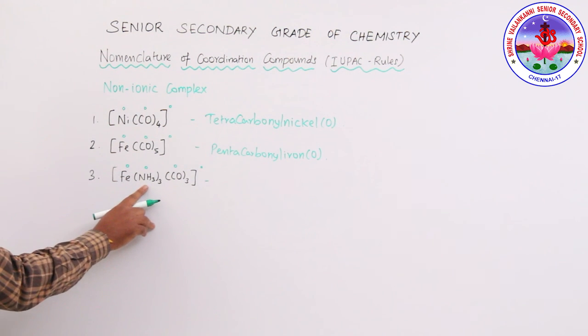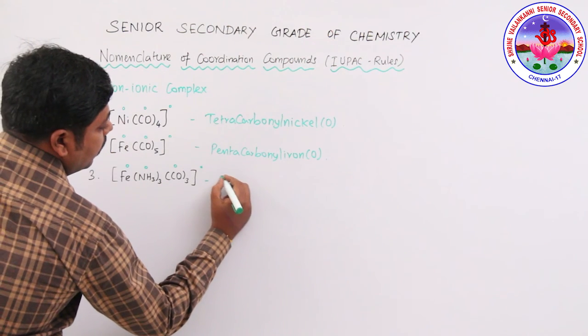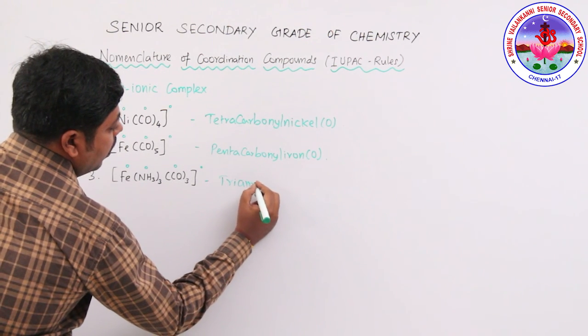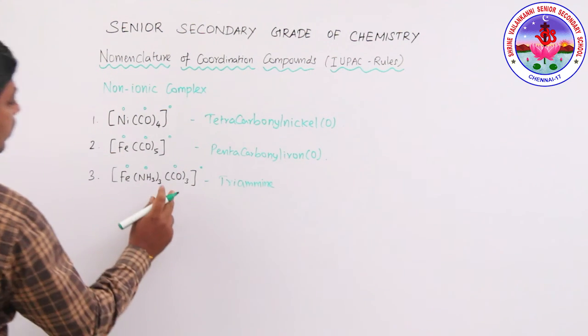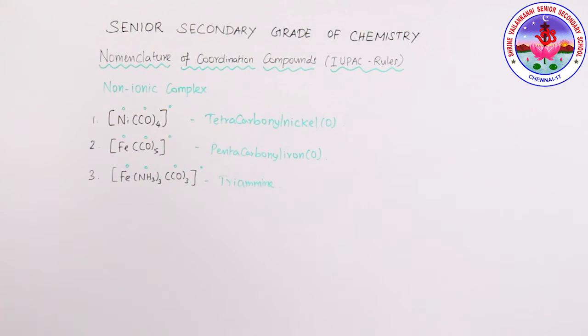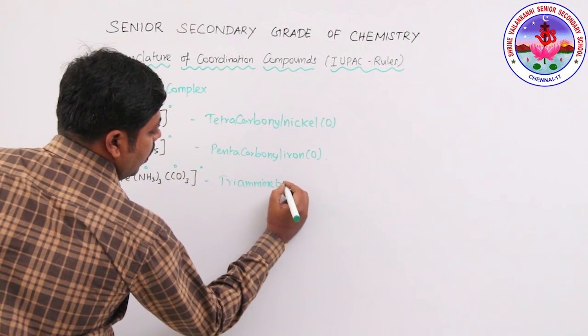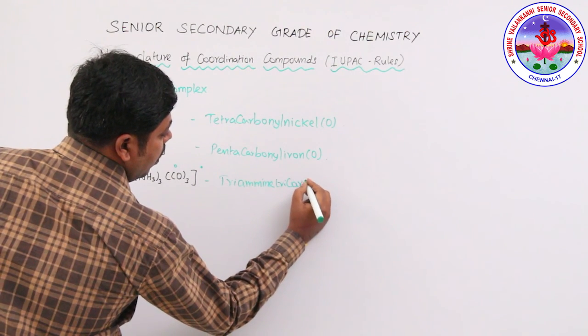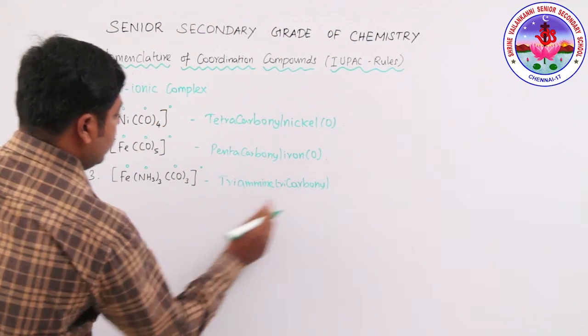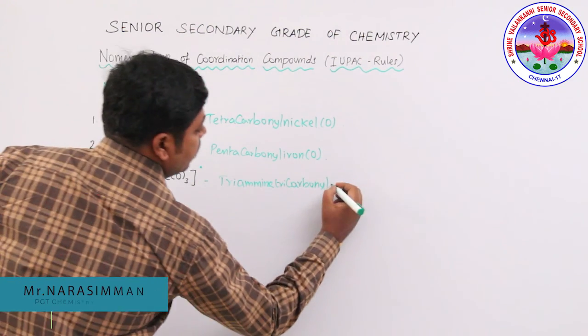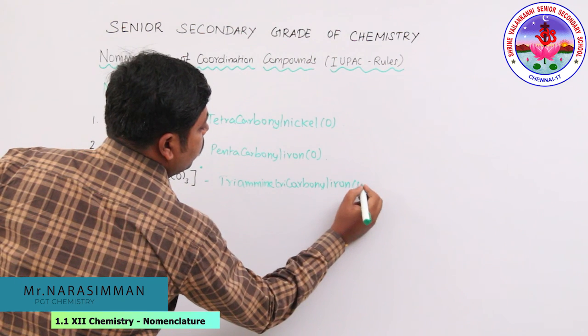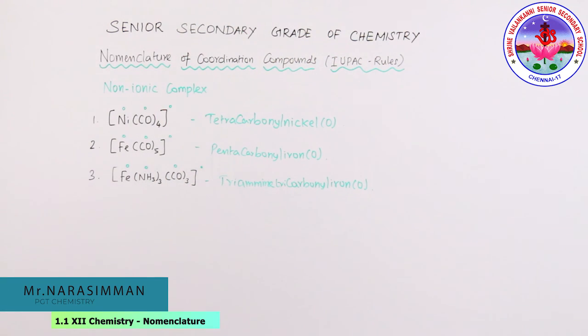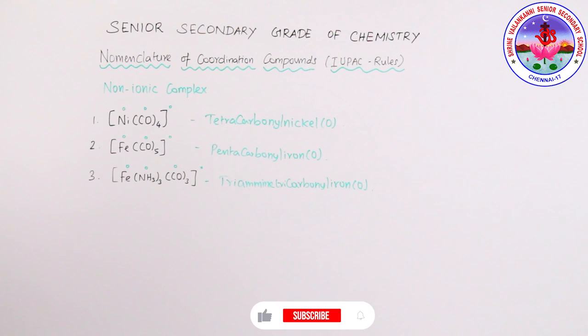You have to use amine first, so triamine, then tricarbonyl, then iron(0). These are the rules for naming non-ionic complexes. Already we have seen the cationic complex, then the anionic complex, and then this non-ionic complex.